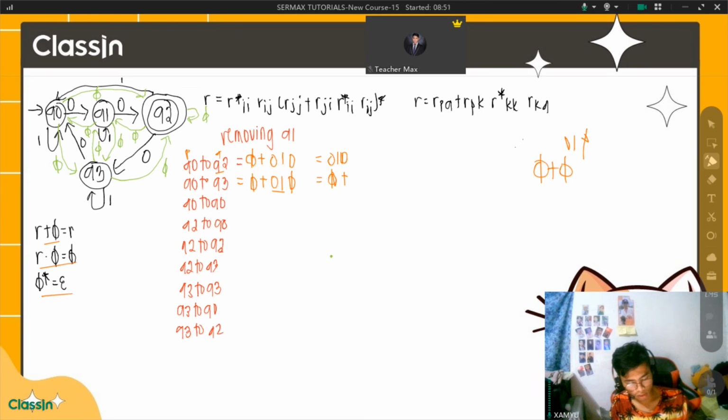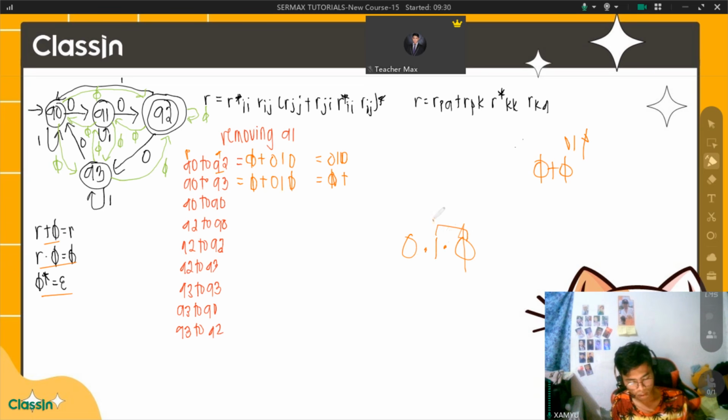q0 to q3, that is, just a moment. No, no, no. That is any number, correct? So any number concatenated with 1 will not be affected in terms of 0, because 0 is different, because it is like this, 0 times 1 times null.